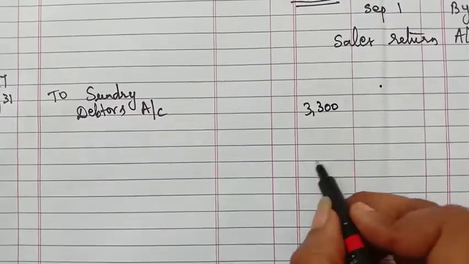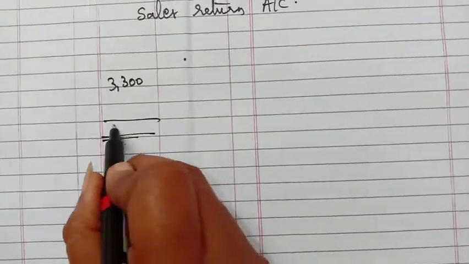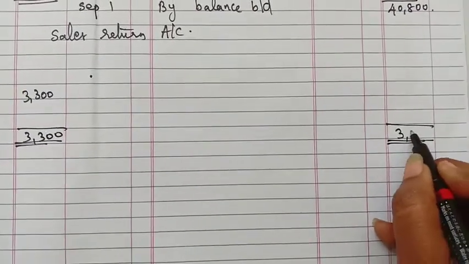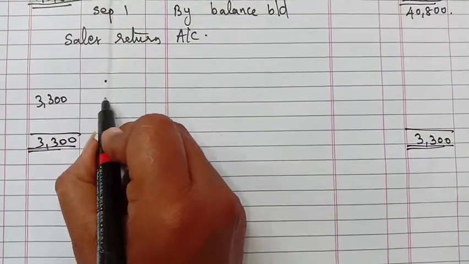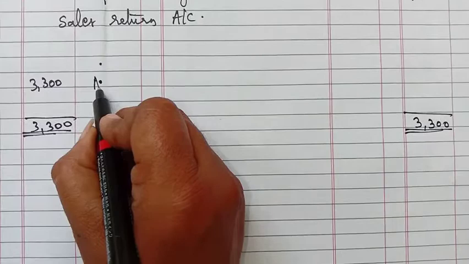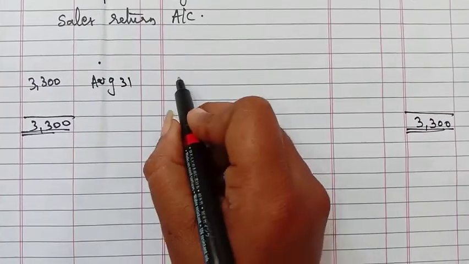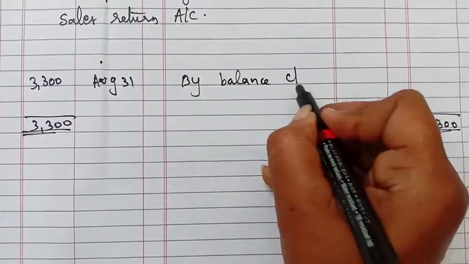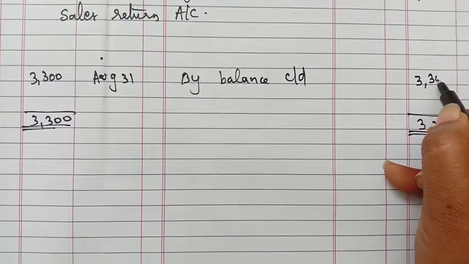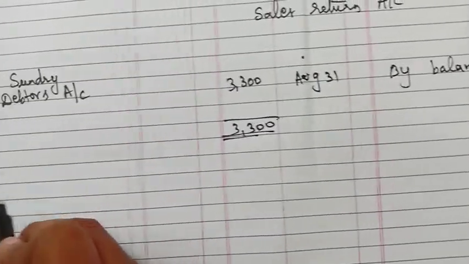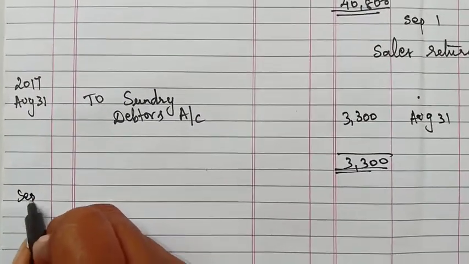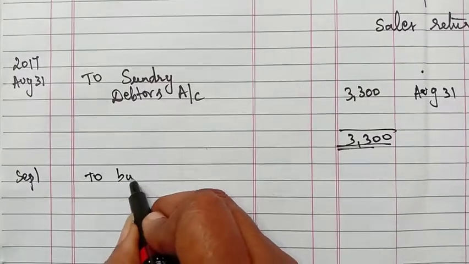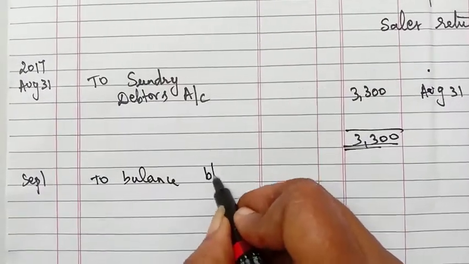This is the amount, so we'll close here, 3,300. Here also 3,300. So we have to carry it. August 31st, credit side, by balance carry down, the amount is 3,300. The same thing has to pass to September 1, where I'll write it as to balance brought down.